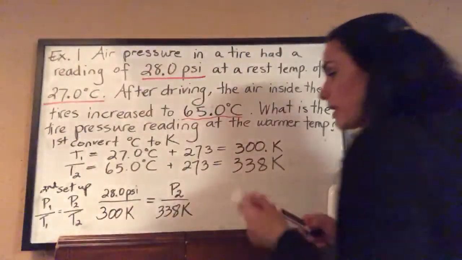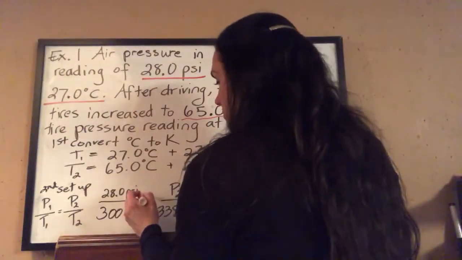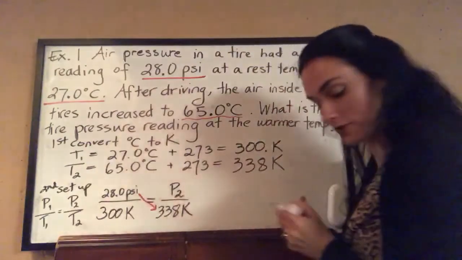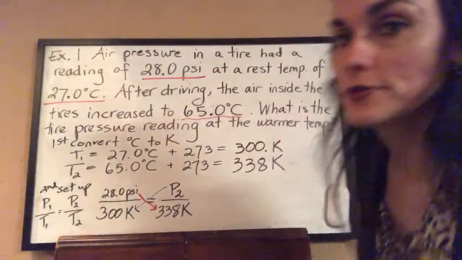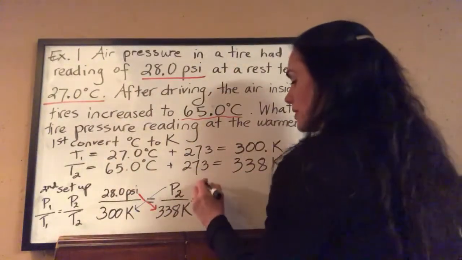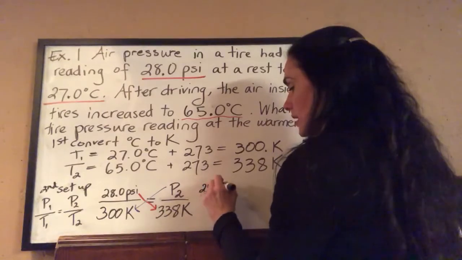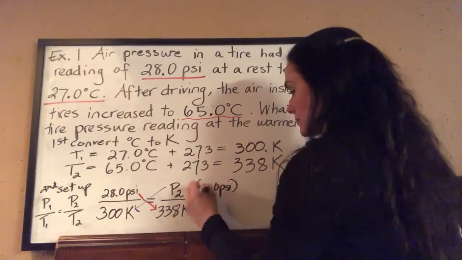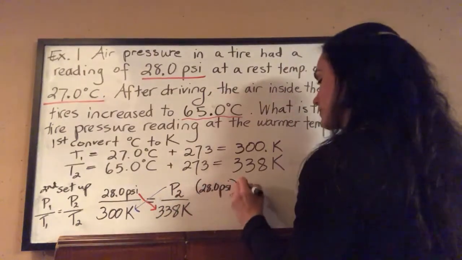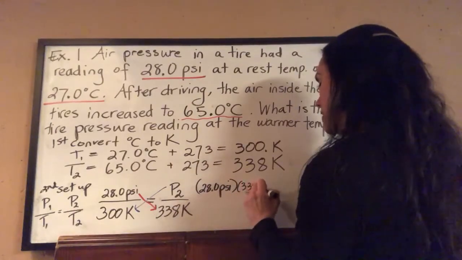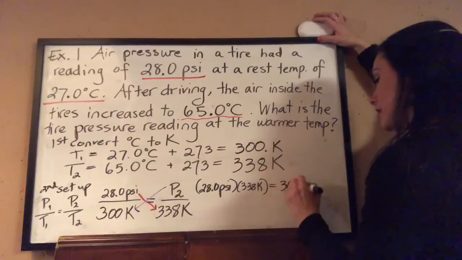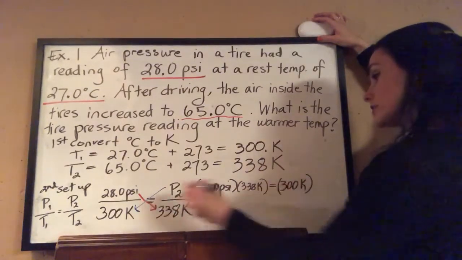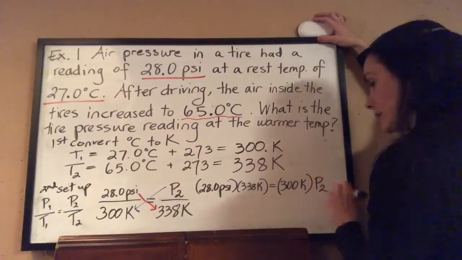Let's cross multiply. One numerator times the other denominator equals the product of the other numerator times the other denominator. Okay, so we have 28 psi times 338 Kelvin equals 300 Kelvin times P2.